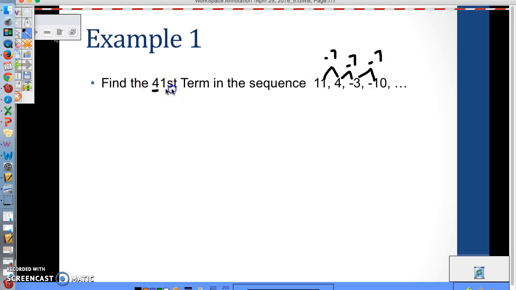But to get the 41st term, how many times would we be subtracting 7? You'll notice to get to the 4th term, which is 10, we only subtract it 3 times.